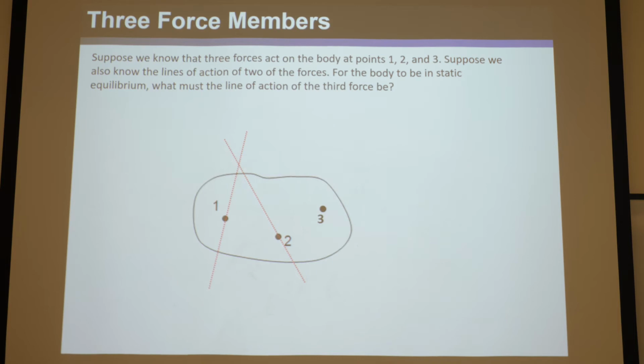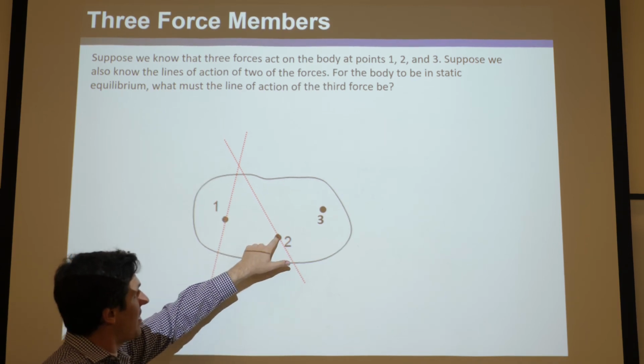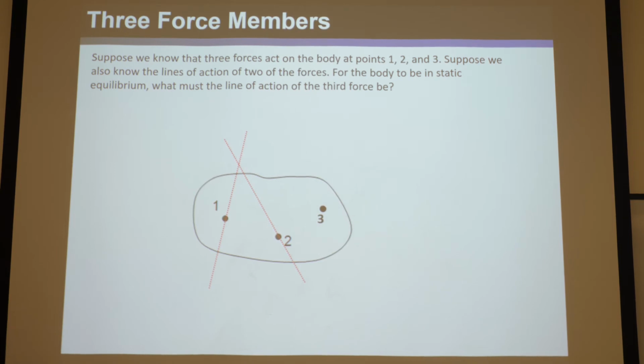So in this case, say you know on this potato, this member, this link, that there are only three forces. There's no moments, but there's only three forces, and you know that forces are applied there, there, and there. Okay? So, fantastic. That's where you know the forces are being applied.